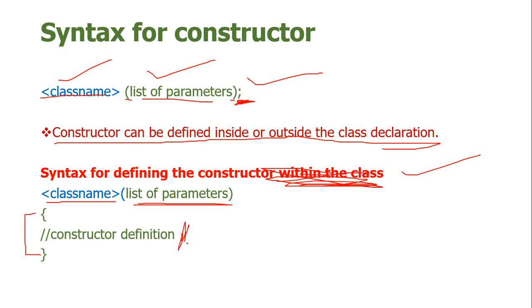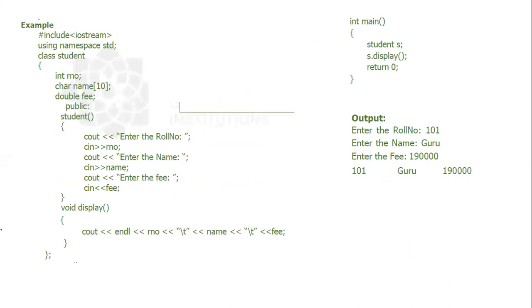Inside, you give the constructor definition. That is the syntax for defining the constructor within the class. Please remember that for defining or declaring the constructor, the class name and function name must be the same.